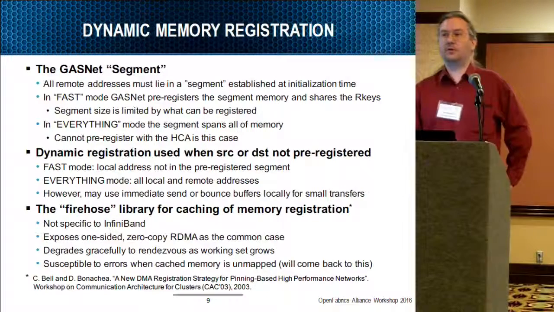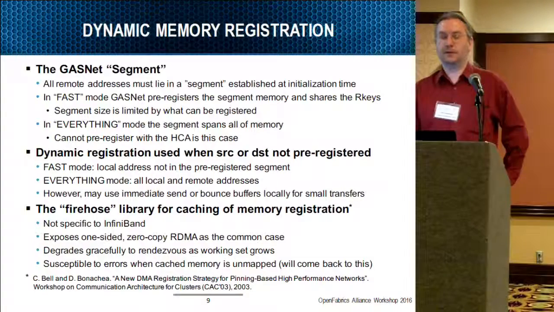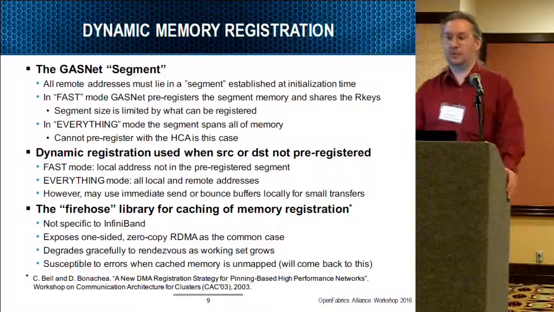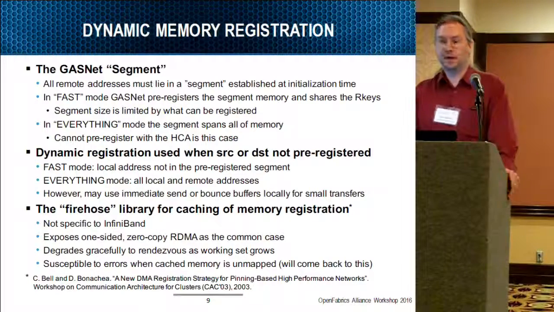For Unified Parallel C, there's a distinct UPC shared heap that memory allocation for remotely accessible objects come from, and so we use what's called the fast mode in GASNet. And so the entire segment is one contiguous virtual range of memory that we just mmap and register the entire thing. We share those R keys at initialization, and the common preferred case I mentioned on the previous slide occurs.